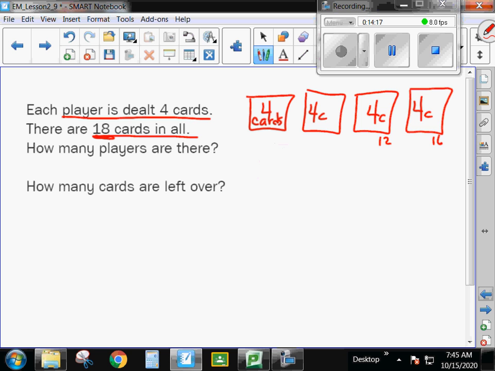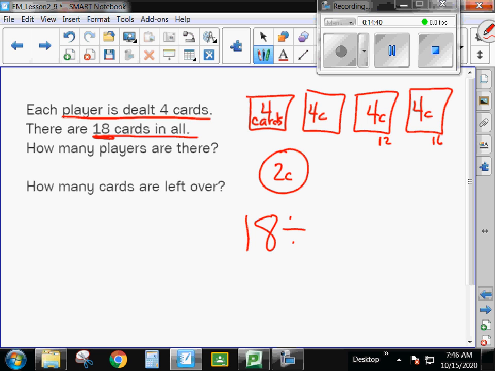So now there's going to be a leftover. If I was drawing squares before, I like to draw circles. There's just going to be a leftover of 2 cards. All right, so now when I draw my division number model, what was I dividing up? I was dividing up cards, right? So I'm doing 18 cards. How was I dividing them up?